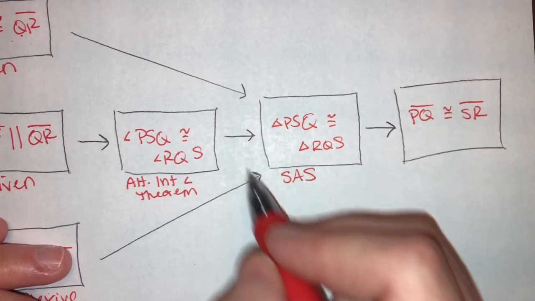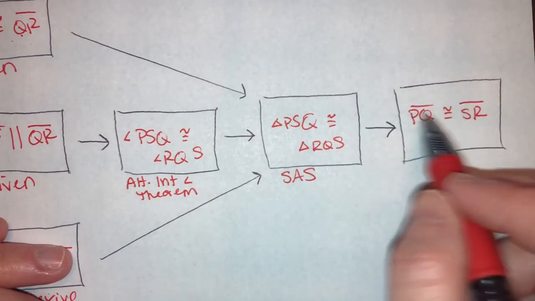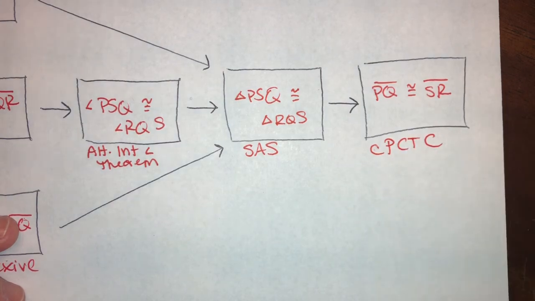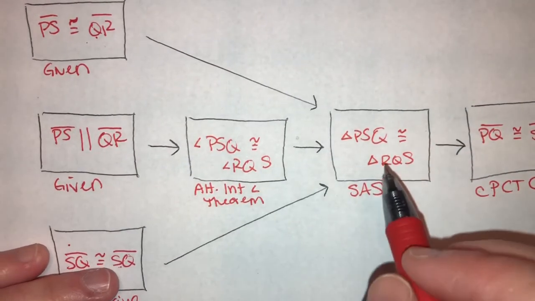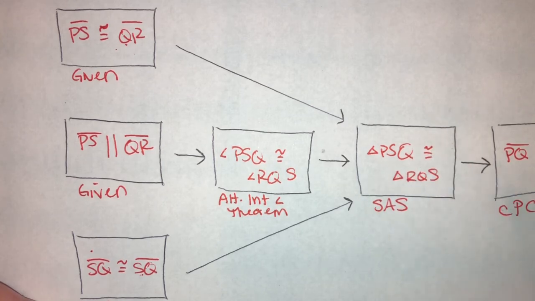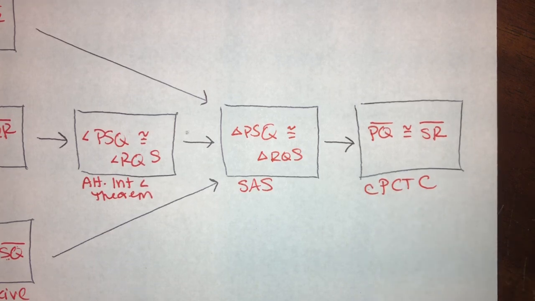Once I say that two triangles are congruent, I can say any pieces of those triangles are congruent because of CPCTC. Makes sense? The goal for all of these is to prove two triangles are congruent. Then if we want to take it a step further and tack on another fact, the reason is always going to be CPCTC. I hope that helps, and let me know if you have questions.